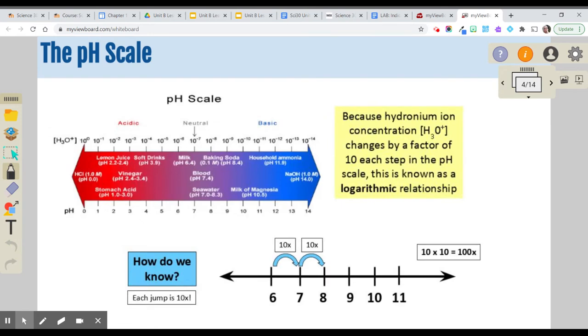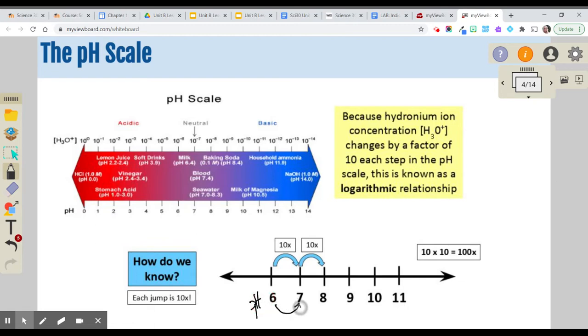All right, now, because our hydronium ion concentration changes by a factor of 10 each step in the pH scale, this is known as a logarithmic relationship. Here is this relationship explained. So this is pH along the bottom here.